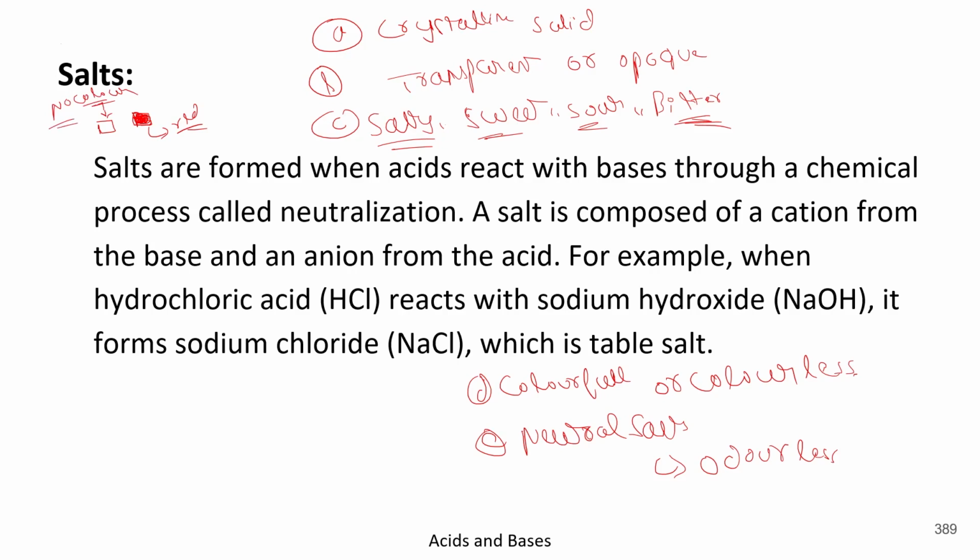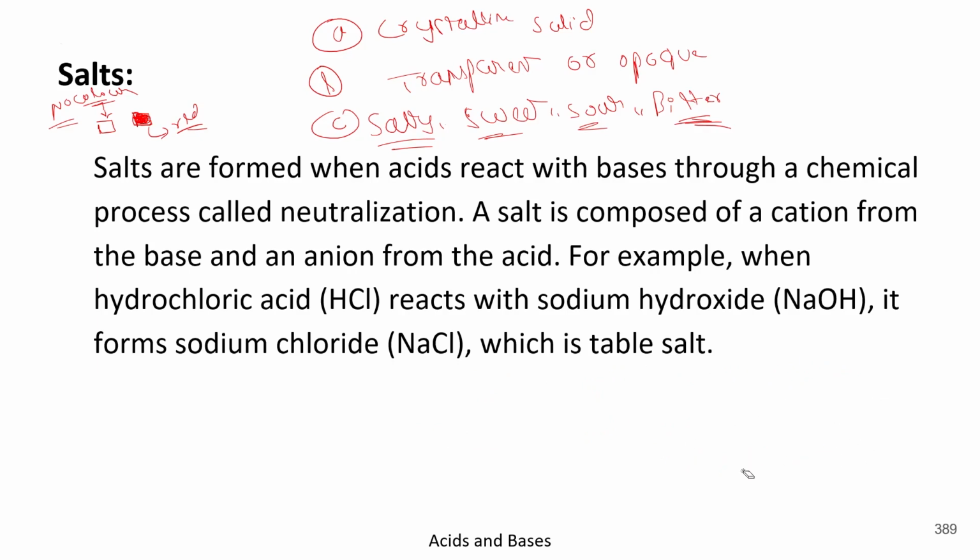And the last one is that neutral salts are odorless. They do not have any smell. Got it? So this is about the properties of salts, which we have finished.